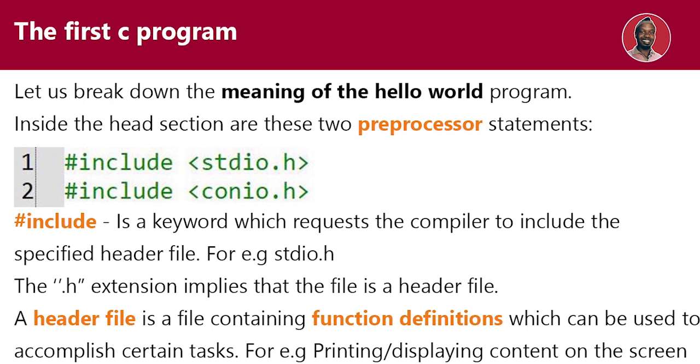Hash include is a keyword which requests the compiler to include the specified header file. For example, stdio.h. The .h extension implies that the file is a header file. A header file is a file containing function definitions which can be used to accomplish certain tasks. For example, printing or displaying content on the screen.